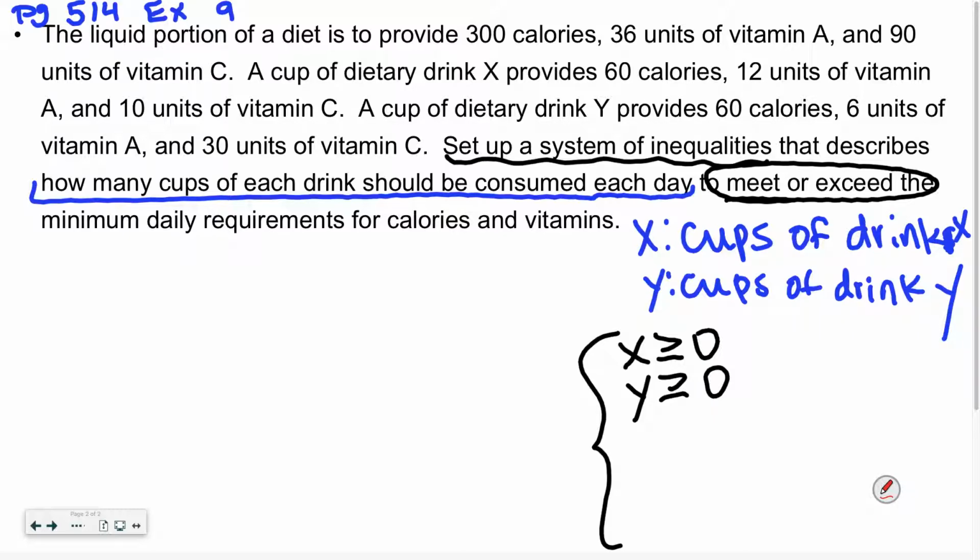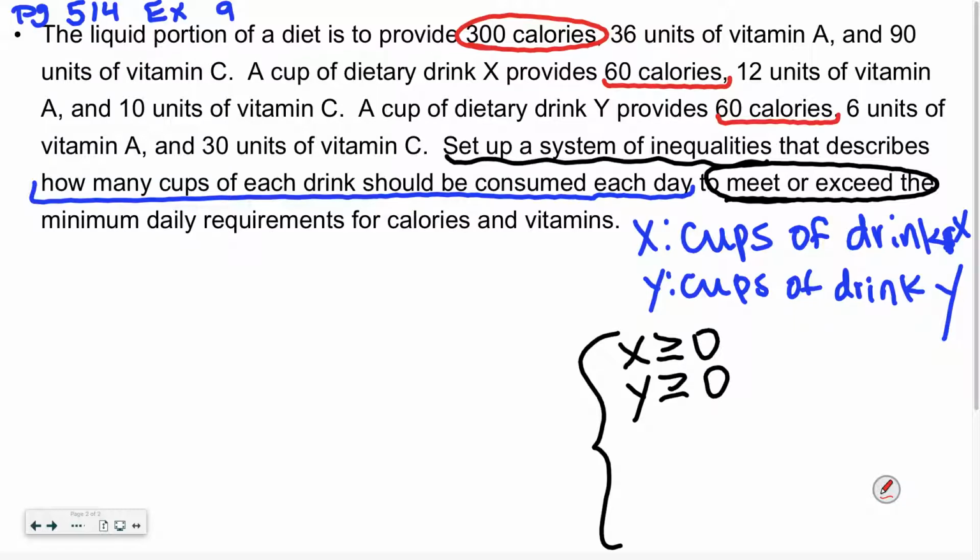Let's see. We need 300 calories in our diet from these drinks, okay? Drink X provides 60 calories, and drink Y provides 60 calories.